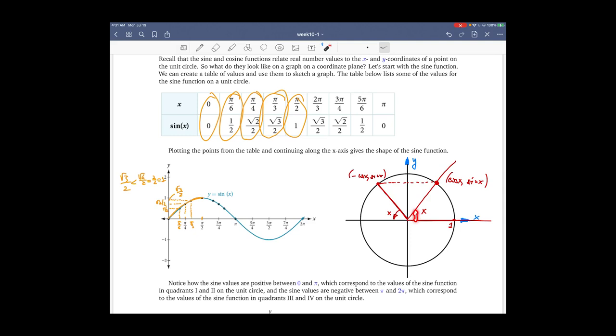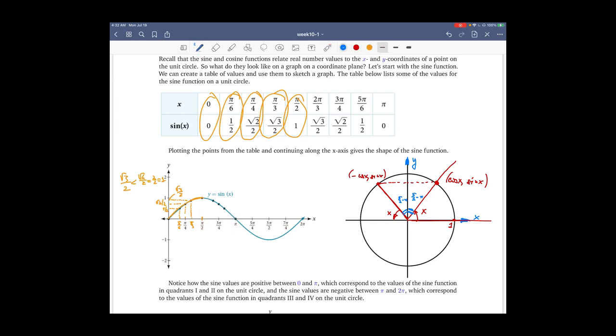Because if this is x and this is x, then these two angles are also equal. They're both pi over 2 minus x. And at distance pi over 2 minus x, on either side from pi over 2, we have the same value of sine. Because of this symmetry, it's now easy to draw the graph of sine on the interval pi over 2 to pi.